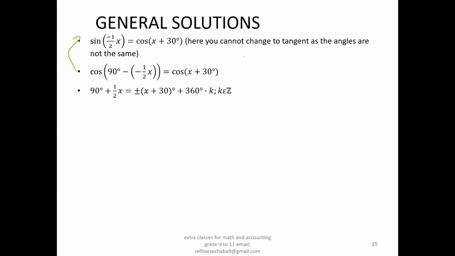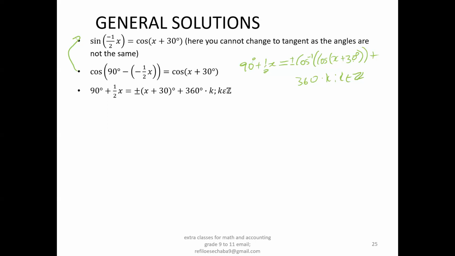So in this case, I had 90 degrees plus 1 over 2x equal to plus or minus the inverse cos of cos of x plus 30 degrees, plus 360 degrees multiplied by k, where k is an element of integers. Do you understand what I've just done there?